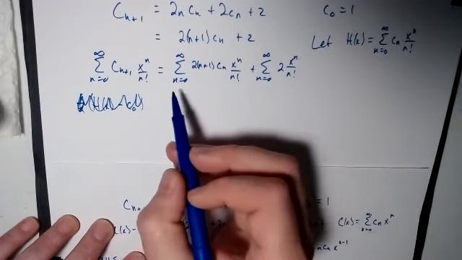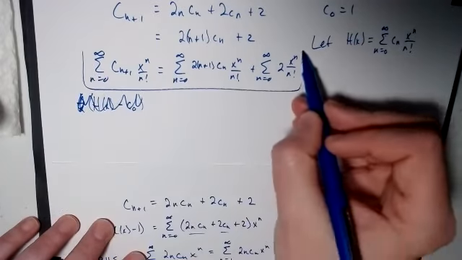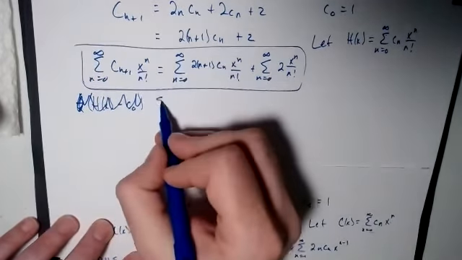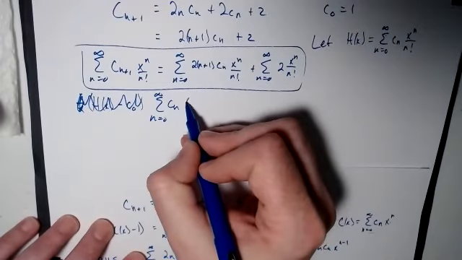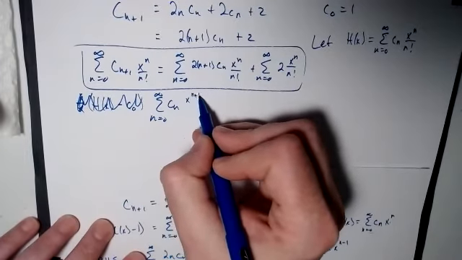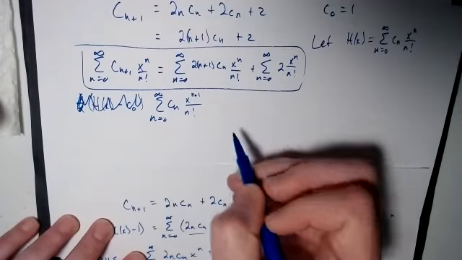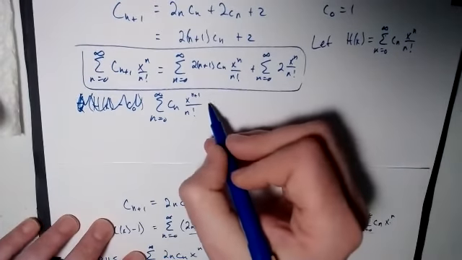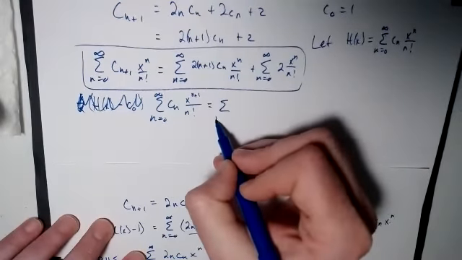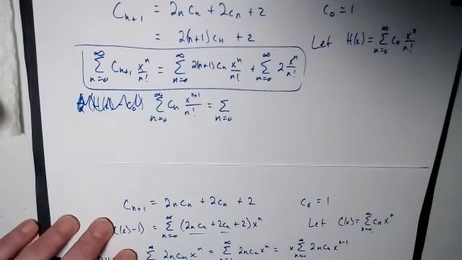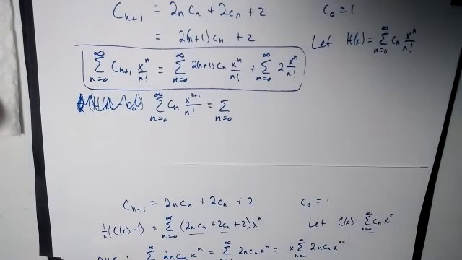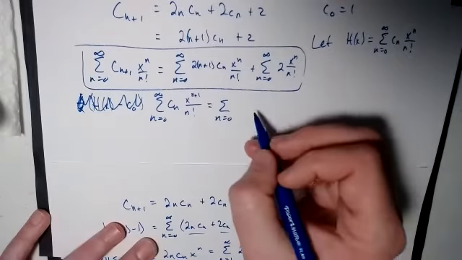So this step was supposed to say the sum as n goes from 0 to infinity of Cn. Instead of multiplying by x to the n over n factorial, we want to use x to the n plus 1 over n factorial. It will make our lives much simpler. I think we could have gotten there from here, but it would have been a lot of multiplying and dividing by n plus 1 and things like that.